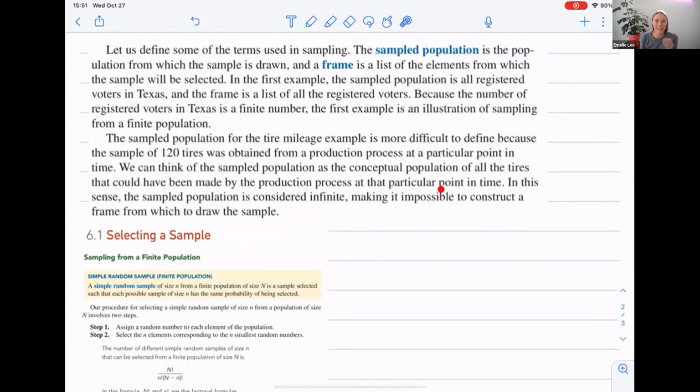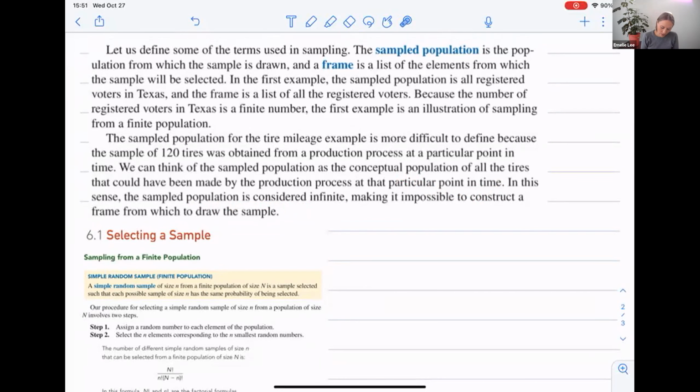So in our conceptual sampled population, it's all the tires that could have been made at some point in time. So the sampled population in this sense is considered infinite, right? Just because you happen to produce those tires specifically, you could have produced something else.